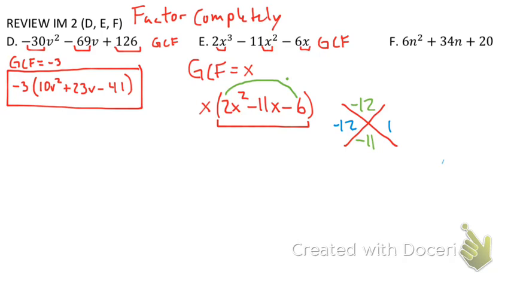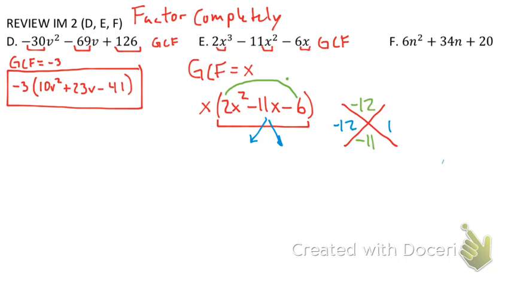Once you have the factors of negative 12 and positive 1 in this case, these guys will split the negative 11x. So the negative 11x turns into negative 12x and positive 1, as you can see here.